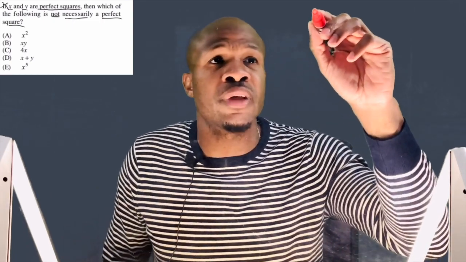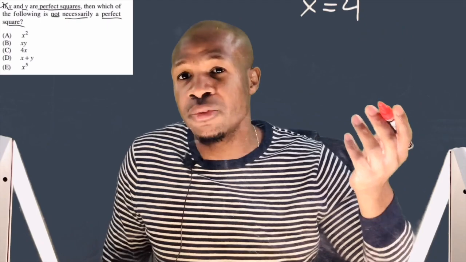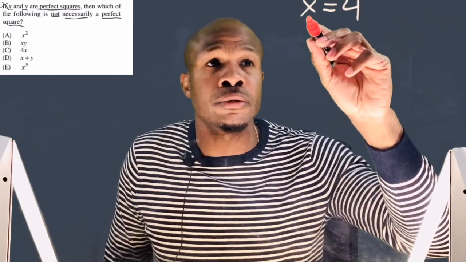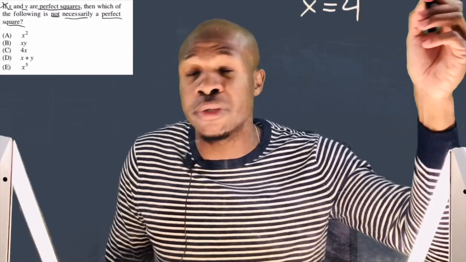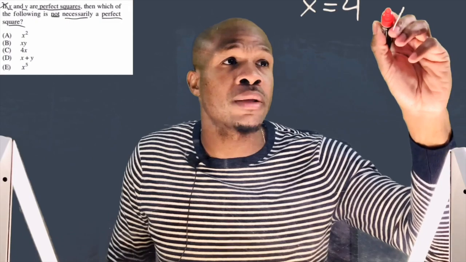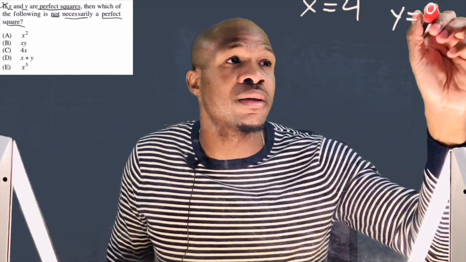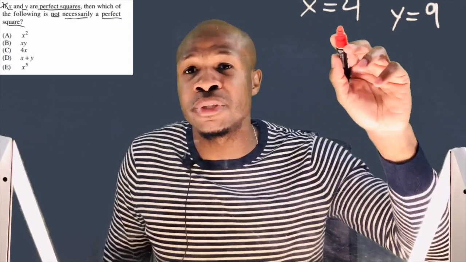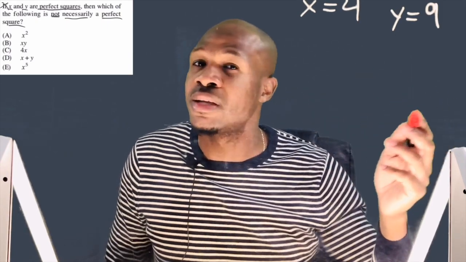I'm going to give x 4, and the square root of 4 is 2. So in this case, x is a perfect square because x is equal to 2 squared. And then I'm going to let y equal 3 squared, which is 9.